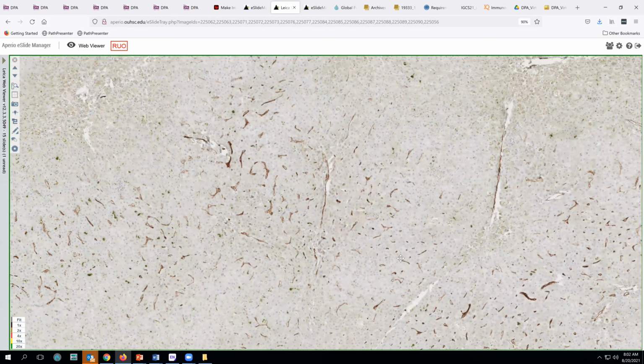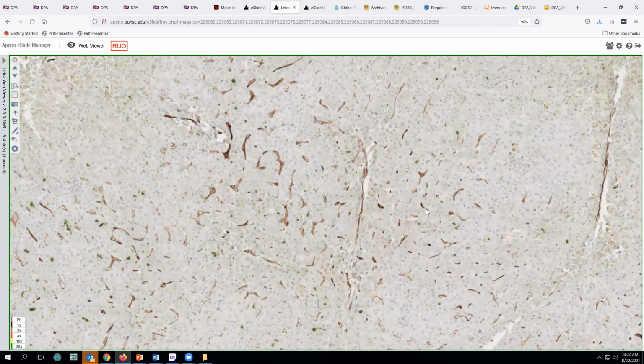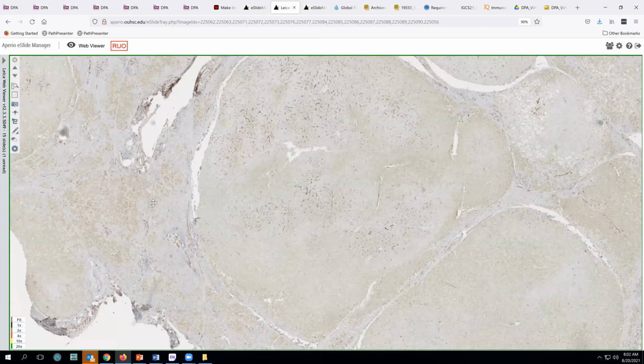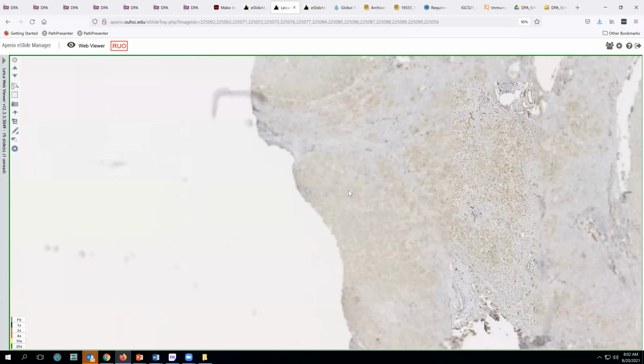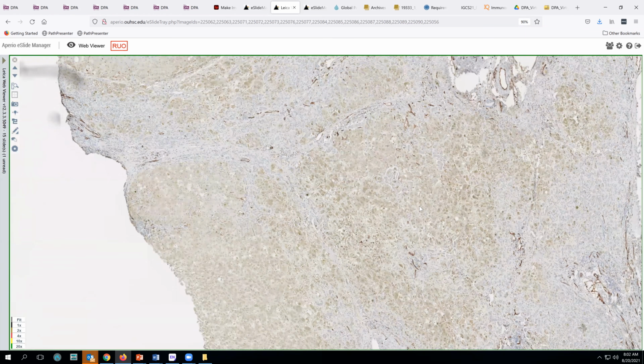And so I did a CD34 on these nodules, which we see the beginnings of endothelialization within these regenerative nodules.